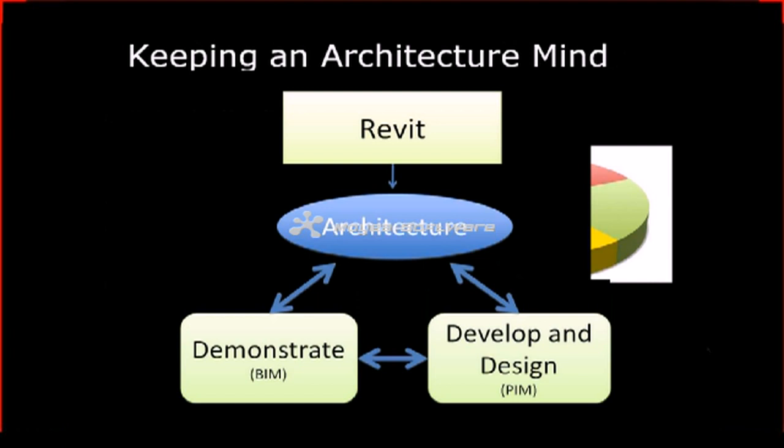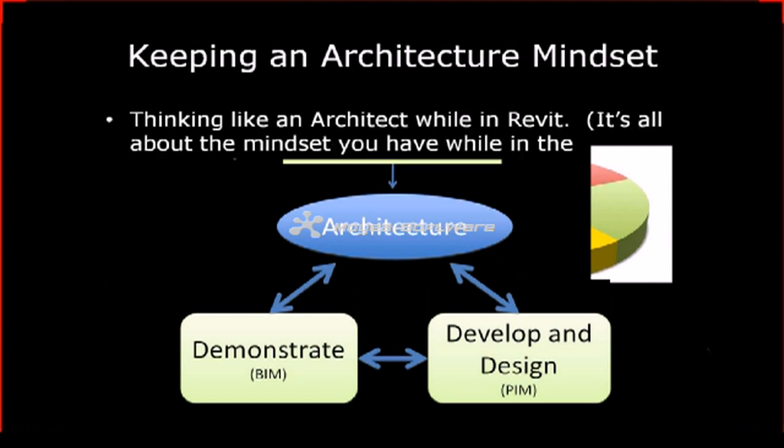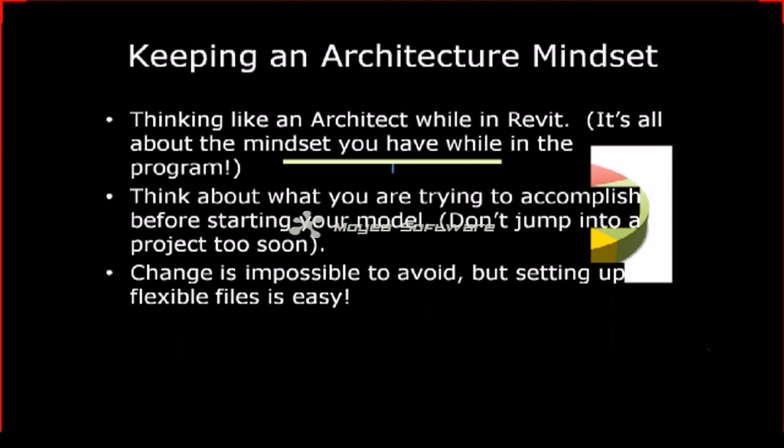So, moving on here. All right, so the first big point would be keeping an architecture mindset. So we're going to think like an architect while in Revit. We're not just going to say we're in a computer program. We're going to think completely different. Everything's about a mindset. I don't care if you don't know how to use the program. If you keep a certain mindset, you will learn how to use the program.